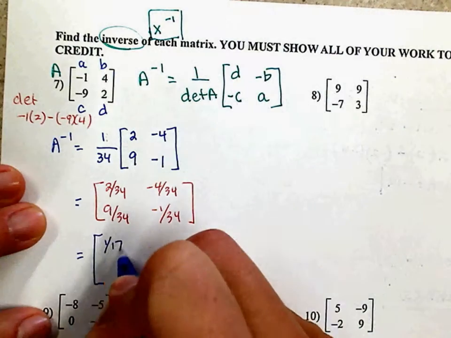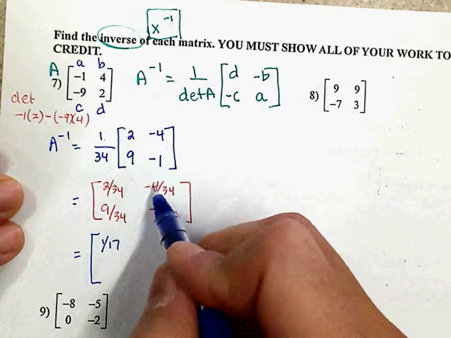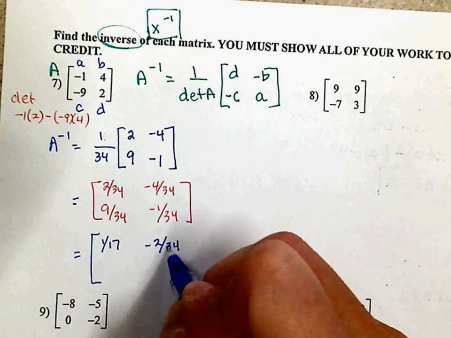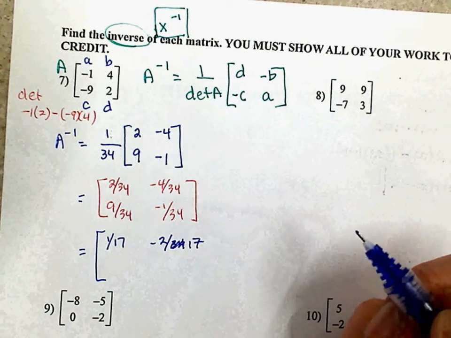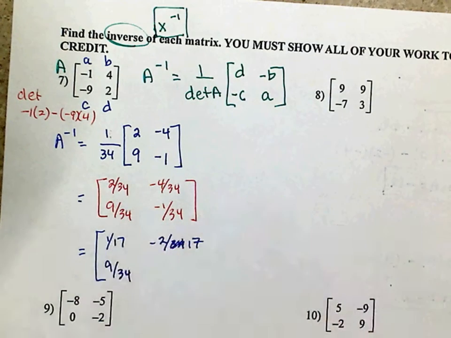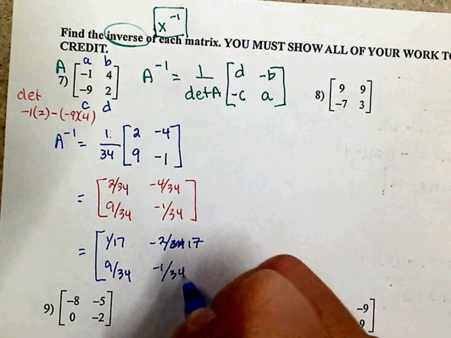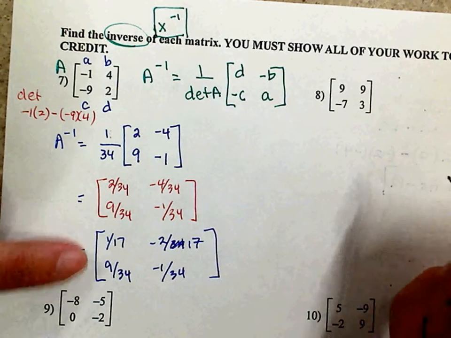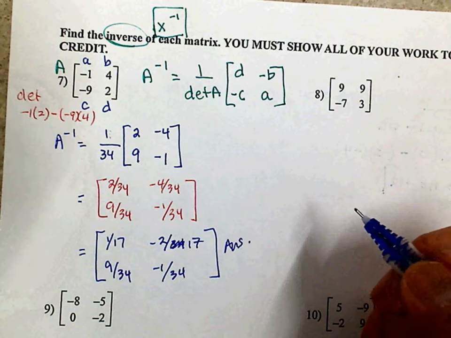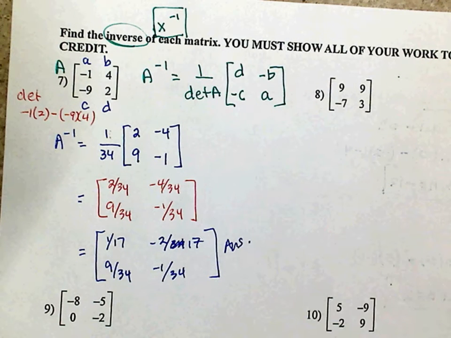Okay? -4 divided by 34, -2 over 17. Like that. 9 over 34, I can't simplify. And -1 over 34, I can't simplify. So here's your solution. Here's the work I will be looking for. And there you have the inverse.